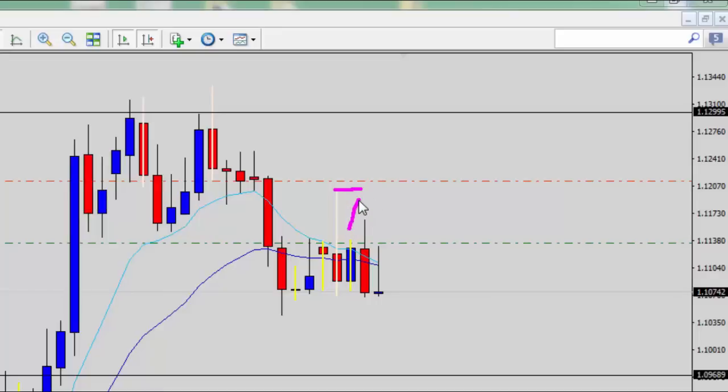Price only has to reach within, keep in mind, we're using the 5 pip spread example, but your broker could be different, but here, if the spread is 5 pips, the market only has to track up within 5 pips of where your stop loss is, which could be about here, and that's going to trigger your stop loss.